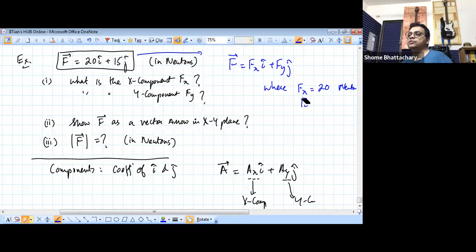So that answers the first part of the question. What are the components of the force along the x-axis and the y-axis? They are respectively Fx and Fy, whose values are 20 newtons and 15 newtons.